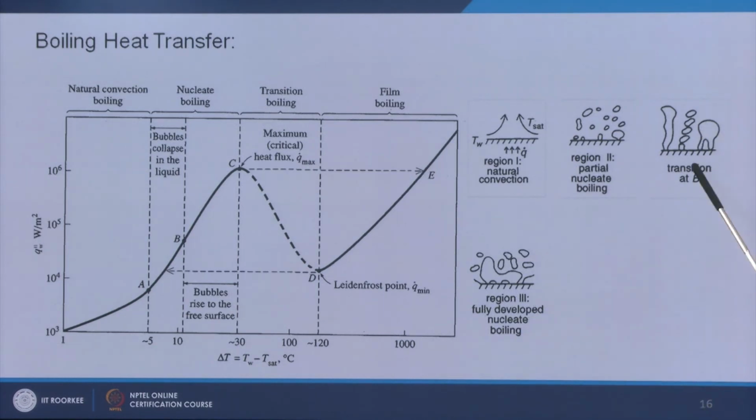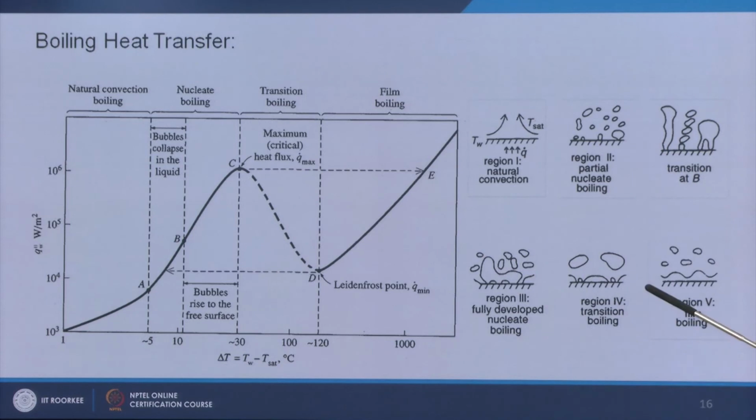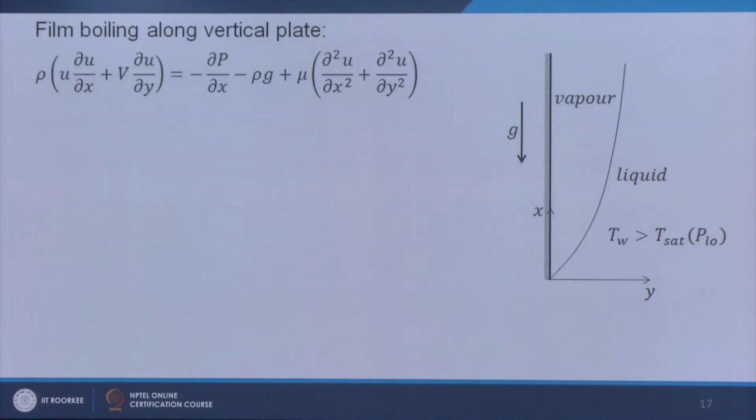Here I have shown the merging in the horizontal direction also, and the bubbles become bigger and bigger to occupy the whole surface, and ultimately you have a film over the surface. So, these are the different boiling zones we have.